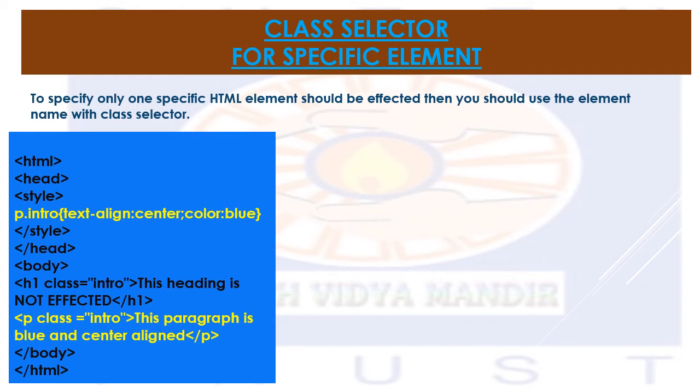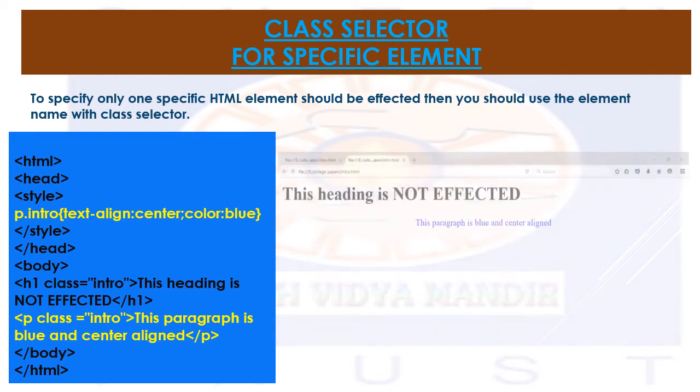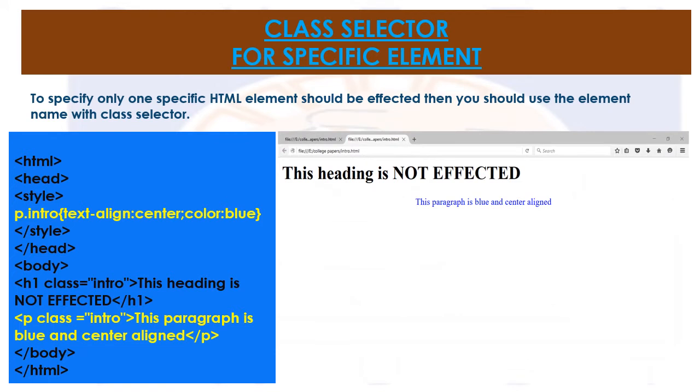Can you see the next sentence? The paragraph tag is open here, and in that paragraph tag I have used the CSS class intro. This paragraph is blue and center aligned because this is the CSS I have given. That is why in the output this heading is not affected.